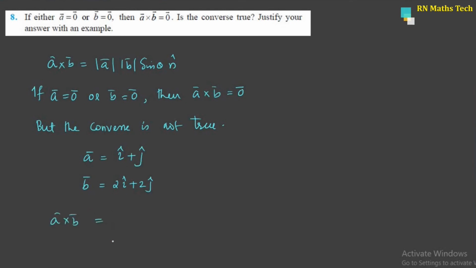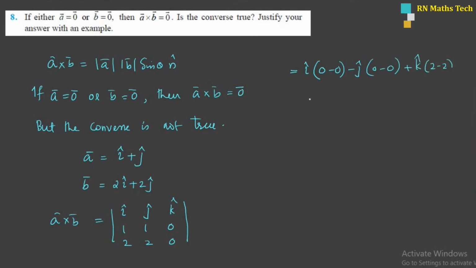A bar cross B bar is equal to determinant i j k, 1, 1, 0, 2, 2, 0. That is equal to i into 0 minus 0, minus j into 0 minus 0, plus k into 2 minus 2.